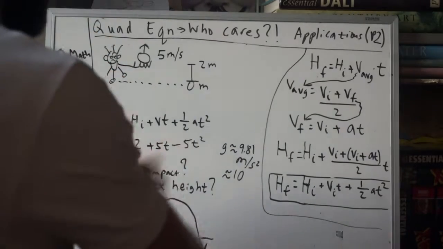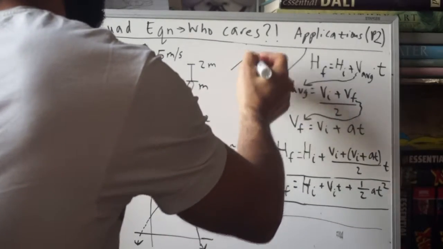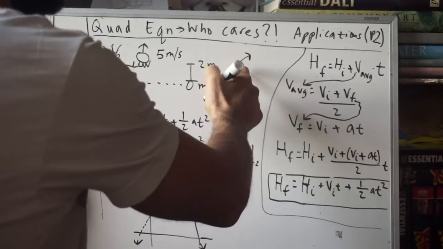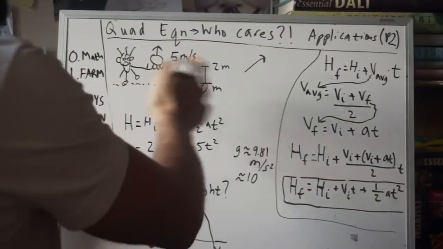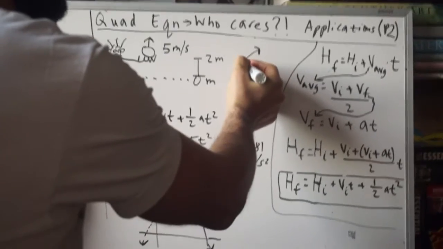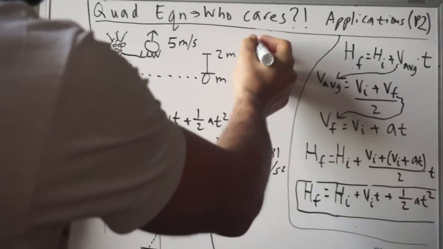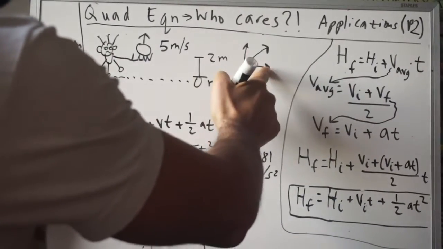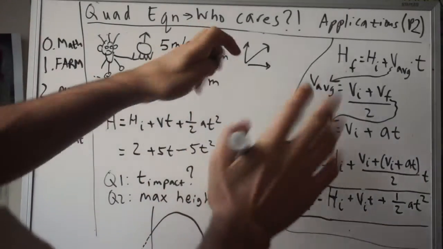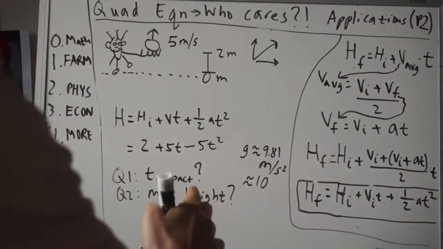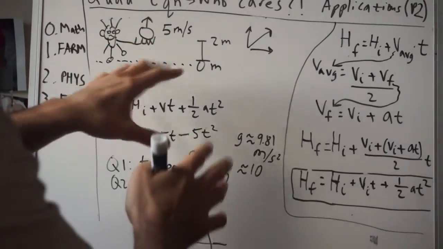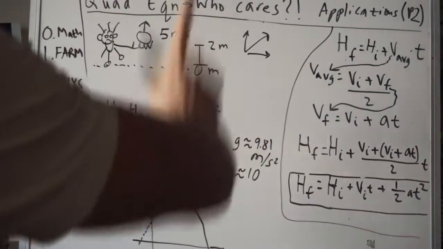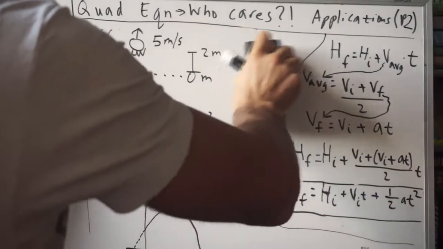So if it were thrown at an angle like this, then using trigonometry, we would basically just redo the same problem, but we would split this into two components, which is an upward component and a horizontal component. That's just to give you guys a preview. Don't worry about that too much, but just know we can easily extend this to other angles and not just purely vertical.